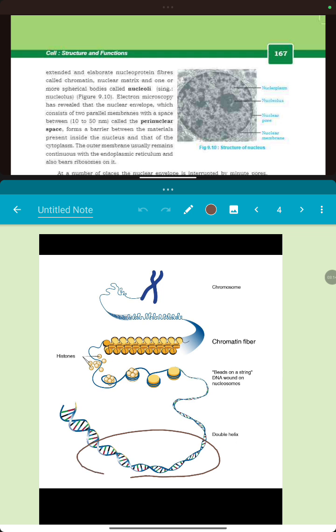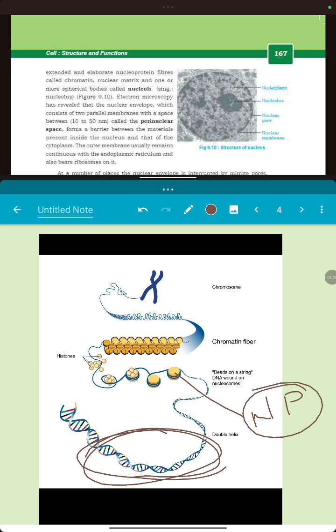See, this was chromatin. See, this was DNA. This was nucleoprotein. Nucleoprotein means nucleic acid and proteins are combined together.